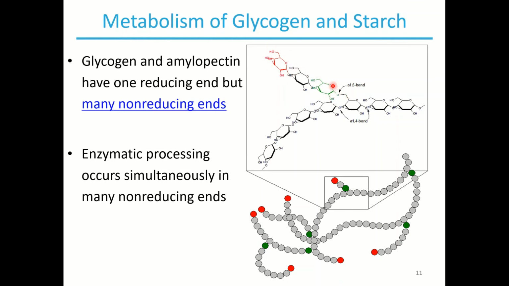The branch point is shown in green. At the very end of these, not shown on this slide, would be the reducing end. There are many more of these non-reducing ends than reducing ends, and that's where the enzymes are going to act.